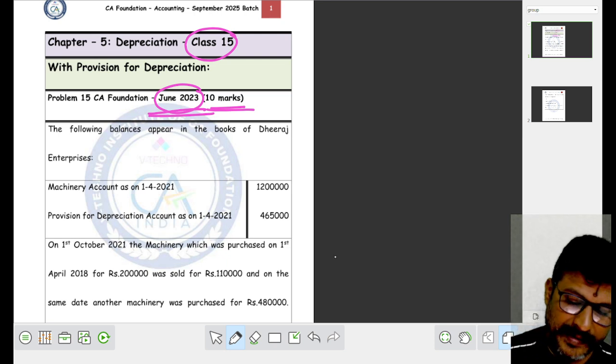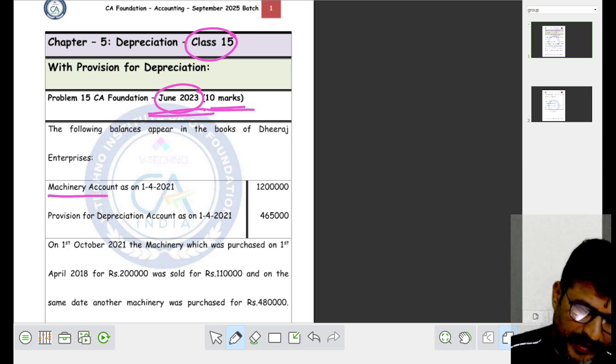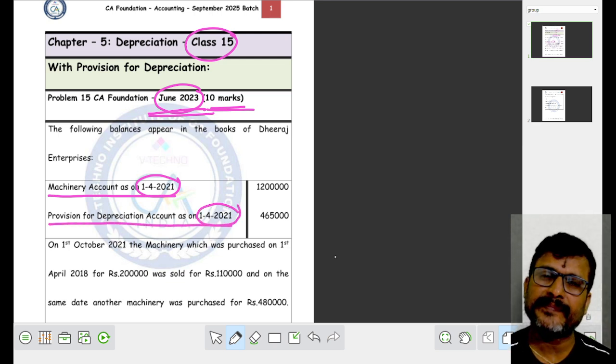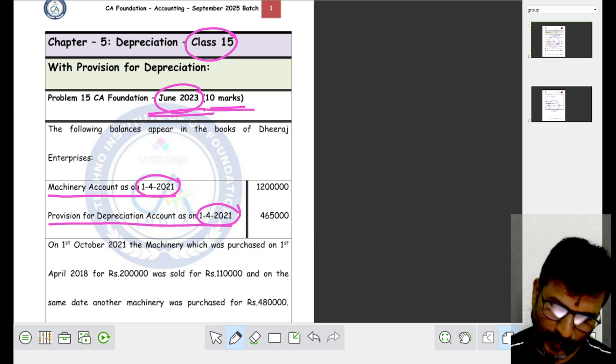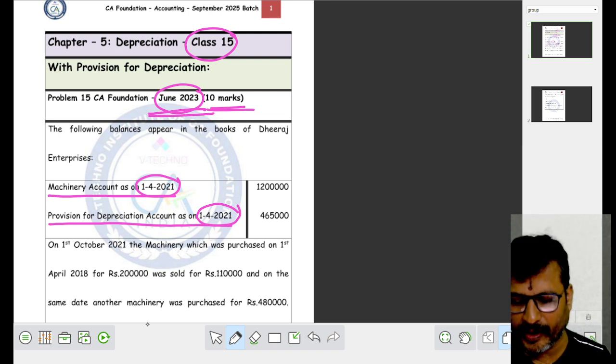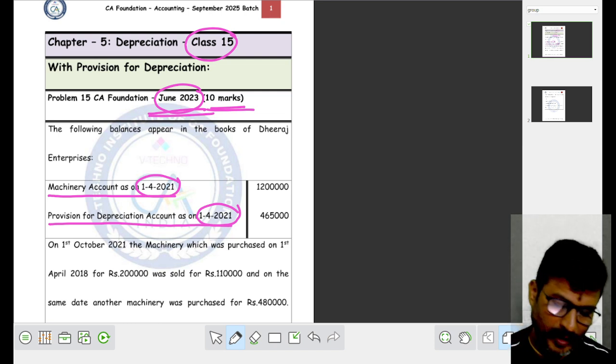The following balances appear in the books of Dheeraj Enterprises. Machinery account on 1st April 2021. Provision for depreciation on 1st April 2021. So, this is the value of machinery on 1st April 21, and the value of provision for depreciation on 1st April 21.